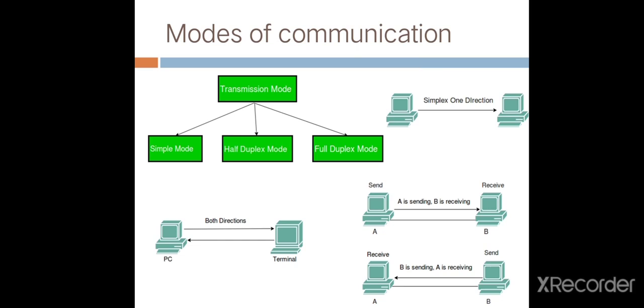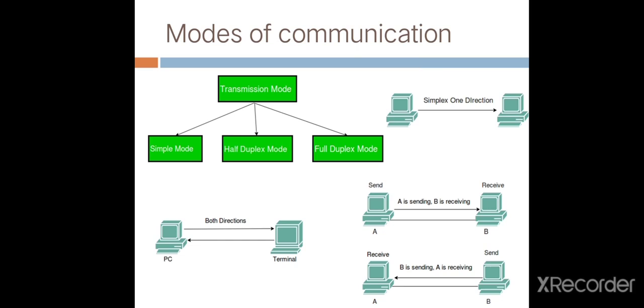Simplex mode: in this type of mode, the signal is transmitted in only one direction. Then half duplex mode: if A is the sender and B is the receiver, then A is sending and B is receiving. But if A is the receiver and B is the sender, then A is receiving and B is sending. That means at a time only one signal is transmitted.